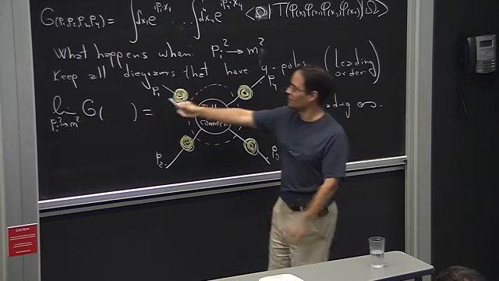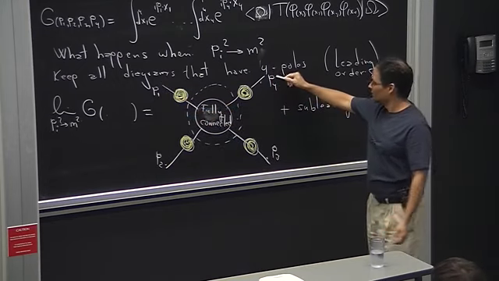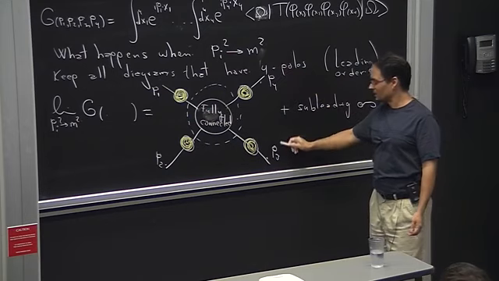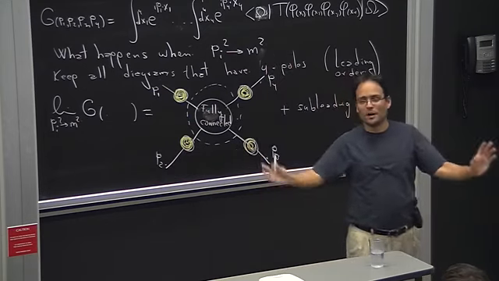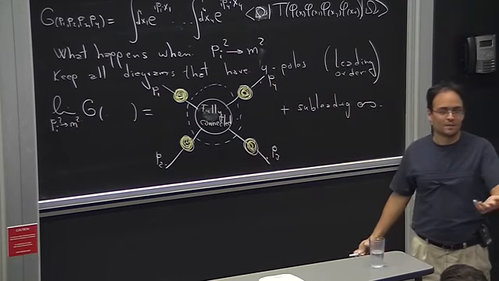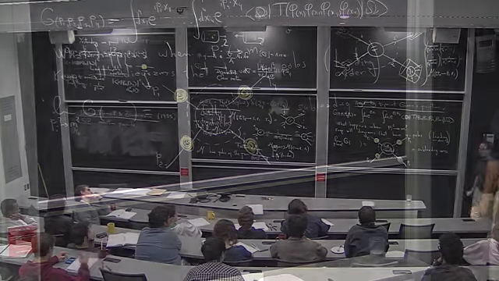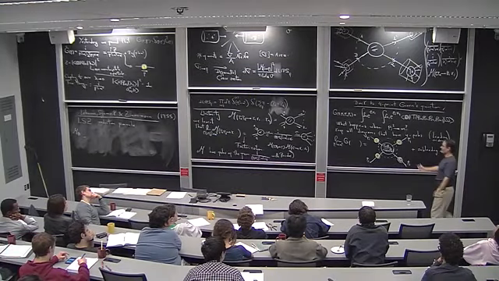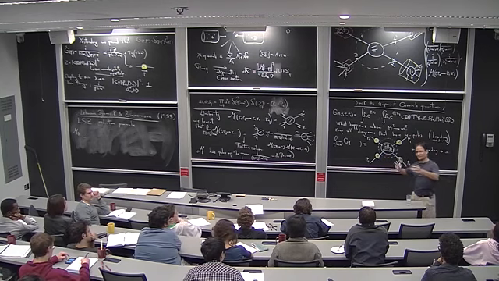Momentum conservation tells you that if you add up the zeroth component of P1 with the zeroth components of the others, you have to get 0. So somebody has to be negative. The ones that happen to be negative, we can take as incoming, and the ones that are positive, we can take as outgoing.